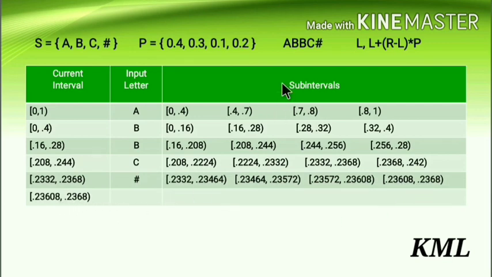Okay, so now your input is finished. There is no more input left. And also remember, hash marks the end of a string. Okay, so you have processed your input, and this is the final value you get. So this is your final answer. This you will be using for decoding your encoded string.